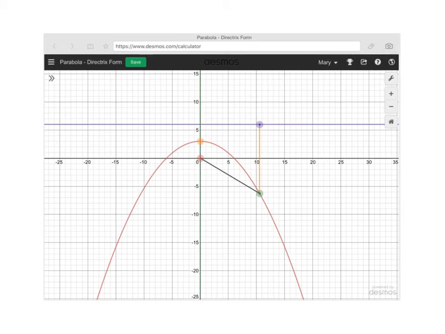If we say that the vertex is at the ordered pair h, k, we would probably have a downward facing parabola here, so it would be x minus h squared equals 4a times y minus k. Depending on how your textbook defines this, if it opens down, sometimes the a includes the negative, so a would be less than 0 if it opens down.